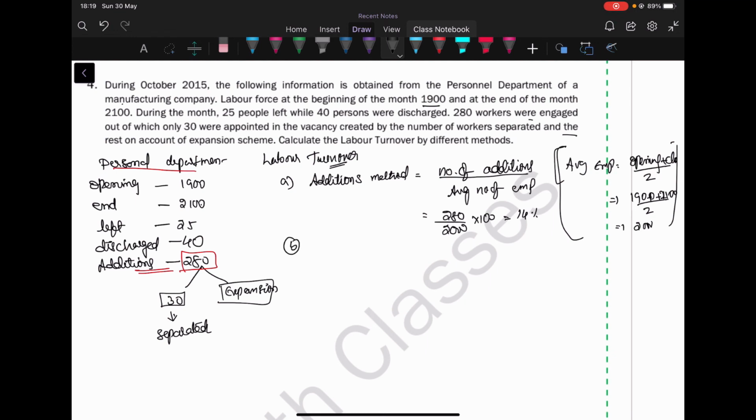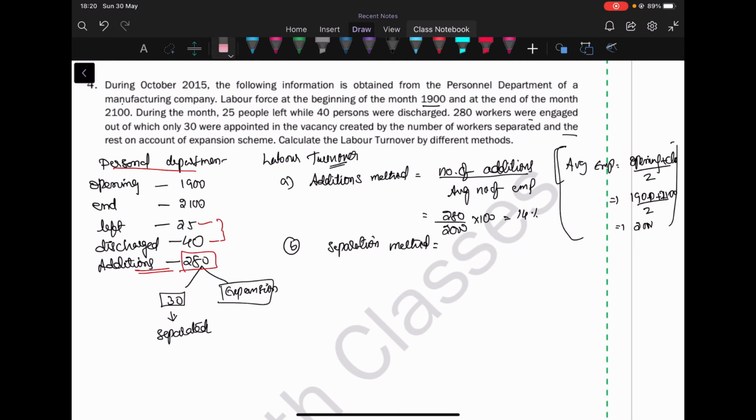Next one, separation method. Under the separation method, see, the left ones and the discharged ones, both have left the organization. They are separated from the organization. They are no more working in the organization. So I will say 25 plus 40 divided by average number of employees 2000 into 100.